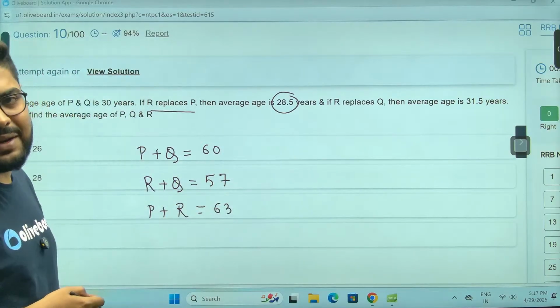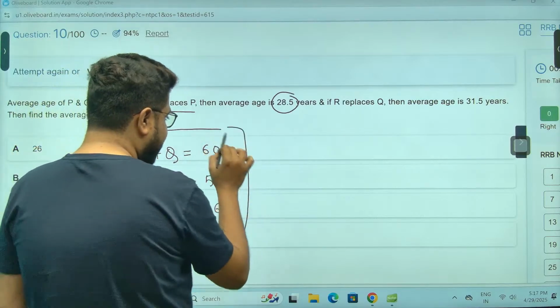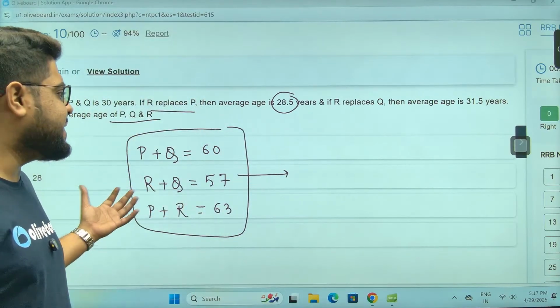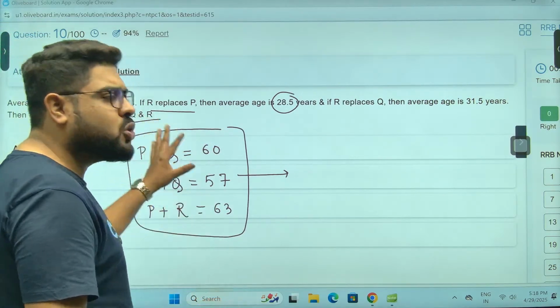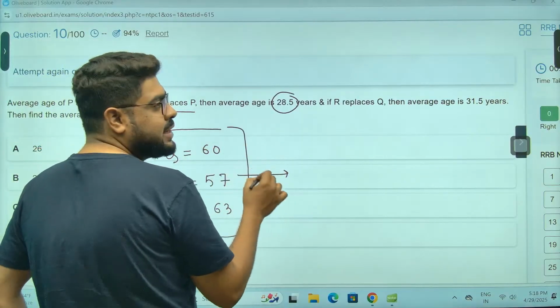So it's very simple. Why is it very simple? In this situation, they are asking the average of all three, meaning I need the sum. Sir, in these three equations, never try to solve them. Instead, always add all three equations.